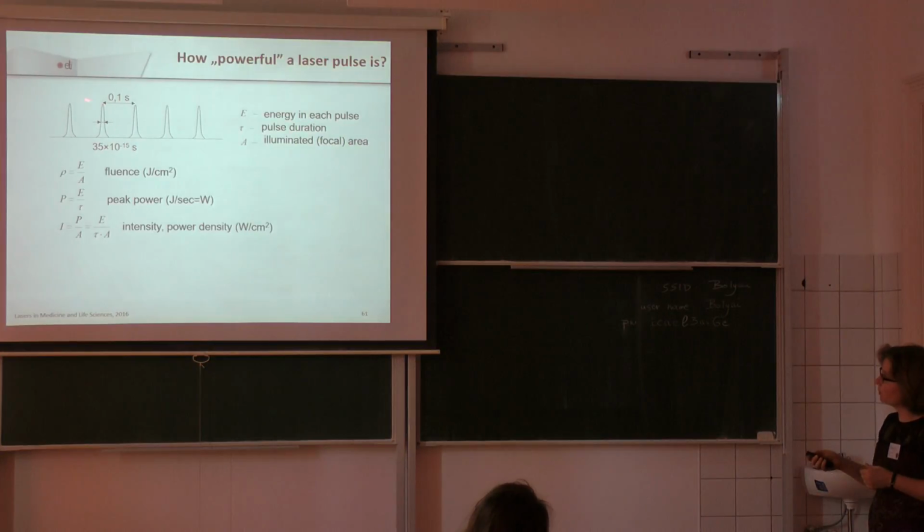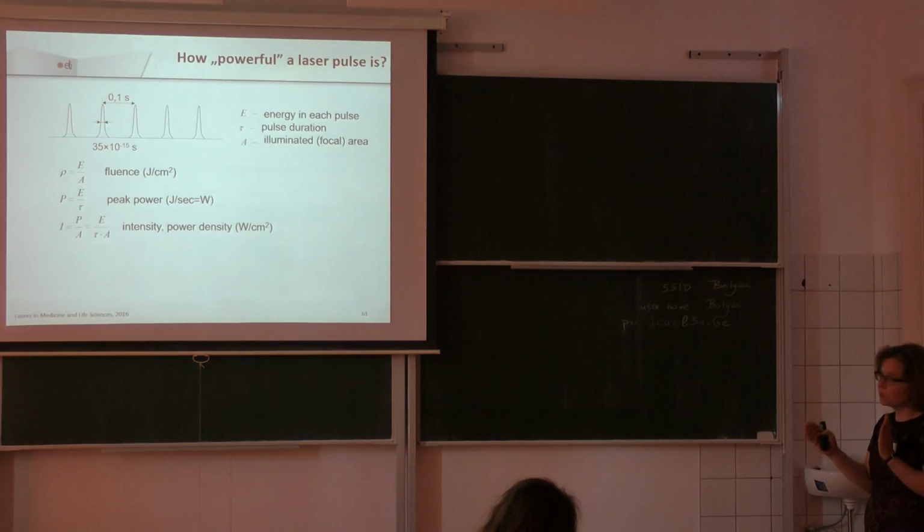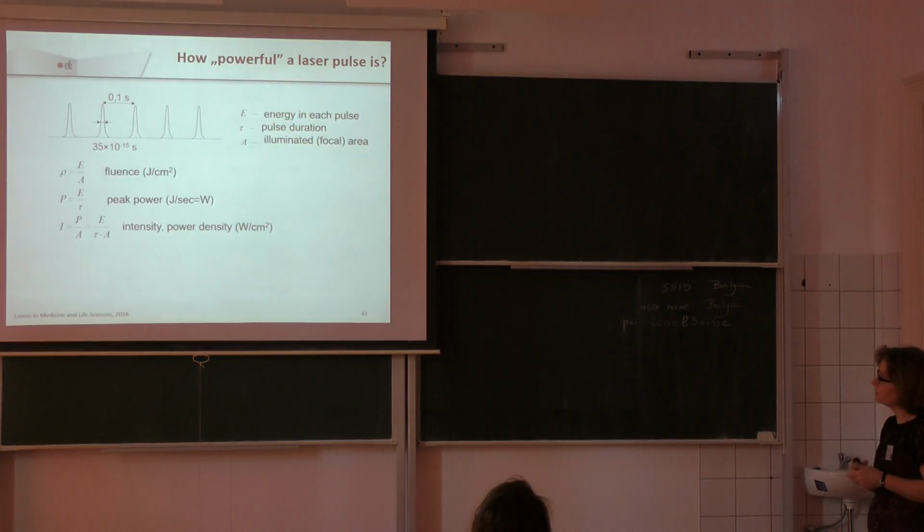So I have the same repetition rate. Of course now I have a smaller energy in a single pulse because I lose a lot. But since I'm decreasing the duration of this pulse by 5-6 orders of magnitude, I still get a more intense burst of light.